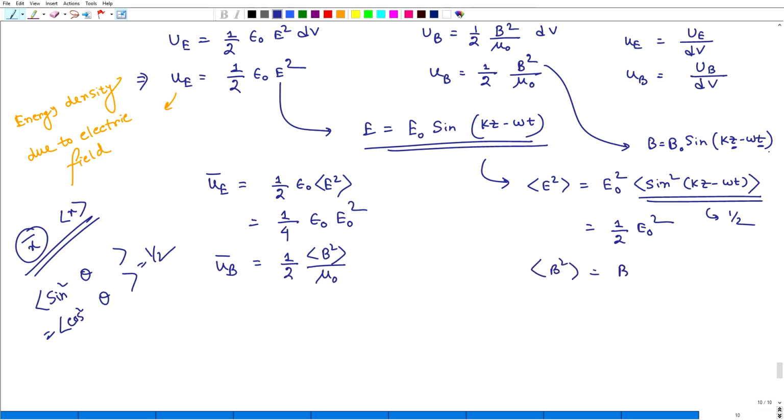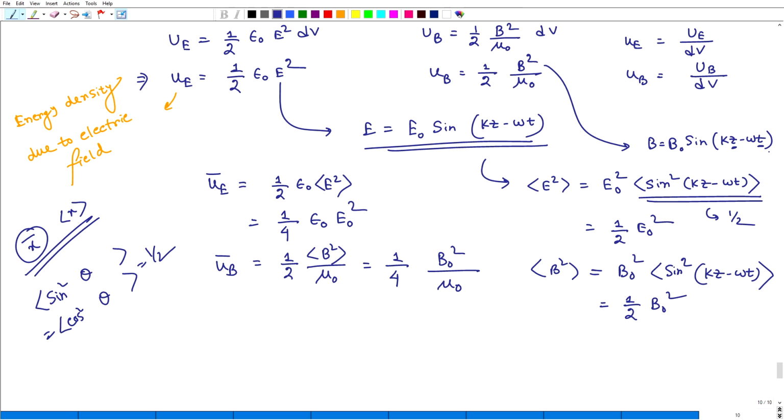It will be B naught square times the average of sine square (kz minus omega t). So, it will be half B naught square. So, if we write it, then it will be again 1 by 4 B naught square by mu naught. Is it clear?